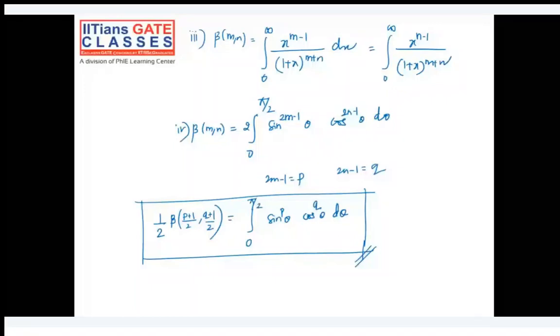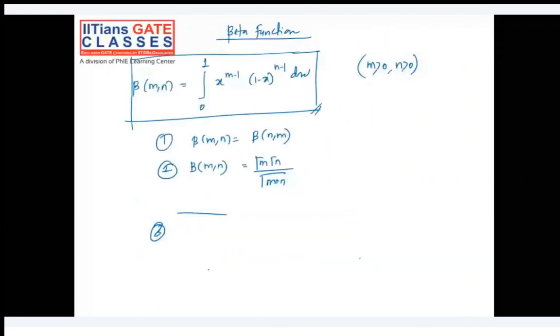Okay. Let me know once you are done, Arjun. Here I have just given the definition of the beta function, and 2 properties of the beta function. Yes, okay.